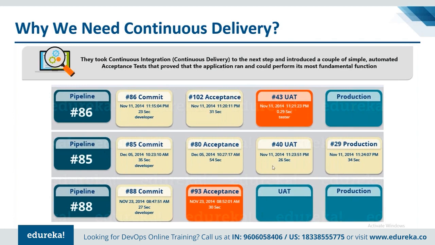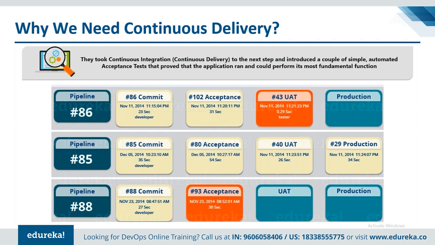But after 85th, it stopped working. It didn't pass the UAT in 86th, and in 88 it didn't pass the acceptance test. So first it failed the UAT, and then it failed the acceptance level itself.